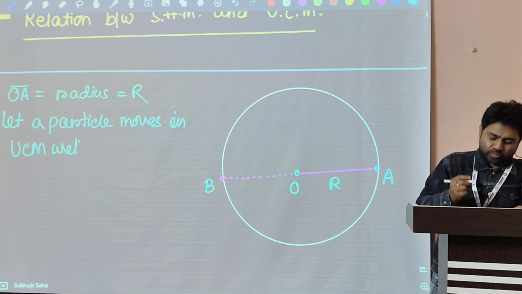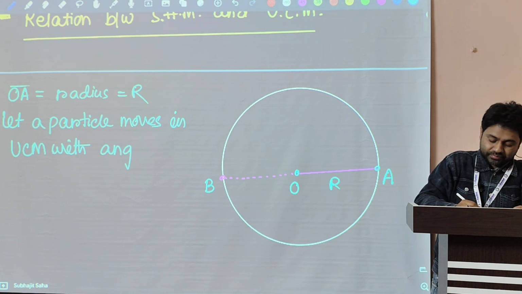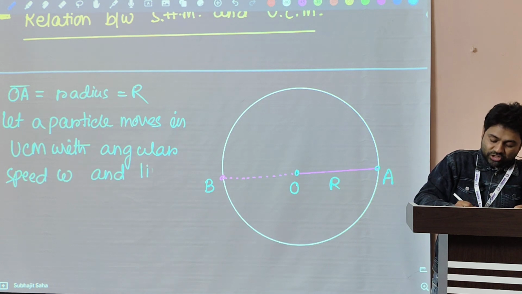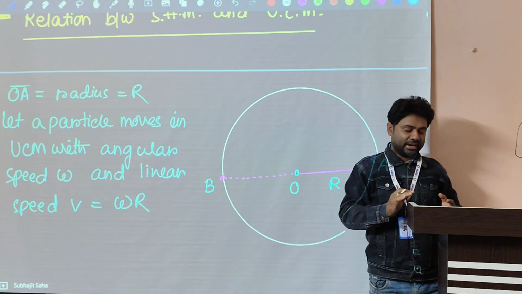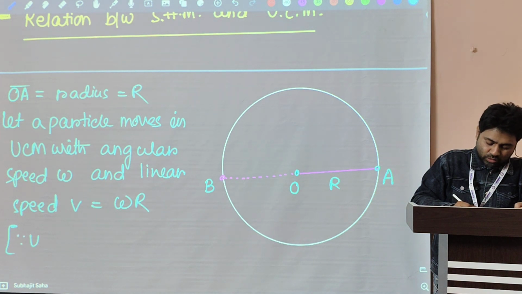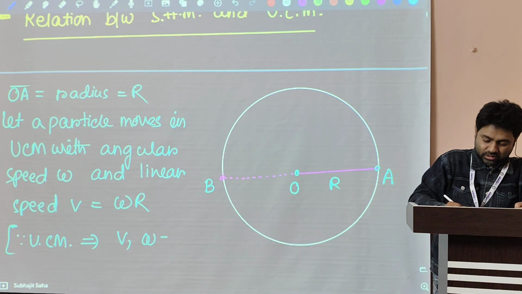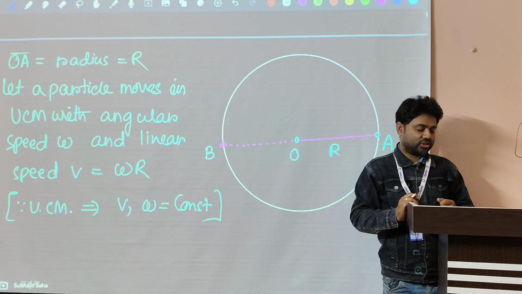That means the particle must possess a constant angular speed, say omega, and a constant linear speed v, which is essentially omega times r. We know the relation between linear and angular speed. Remember, since it's UCM, uniform circular motion, this implies that v and omega both are constant. The angular speed and linear speed are constant.